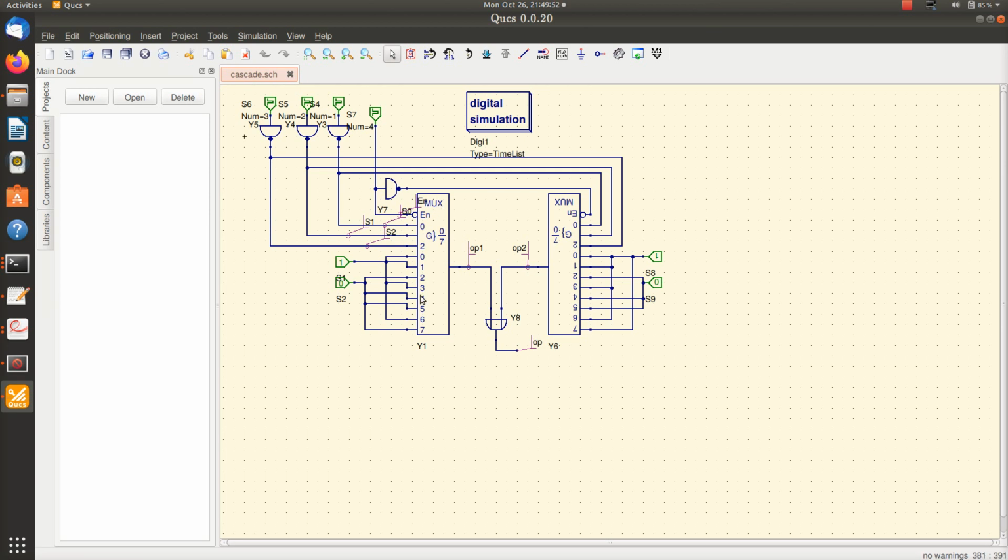This is an 8:1 multiplexer from the QUCS component list. So these are connected like this. You can see that these select lines are complemented. They are active low, so they are complemented. Now this is my enable pin. When enable equals 0, this is enabled, and when it is 1, the right side mux is enabled.